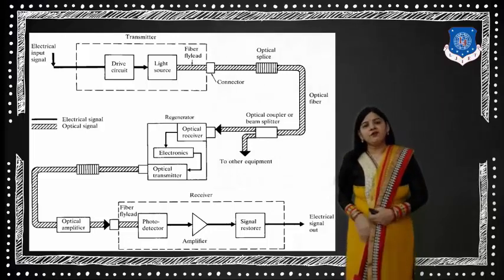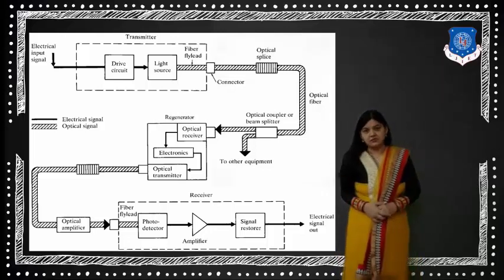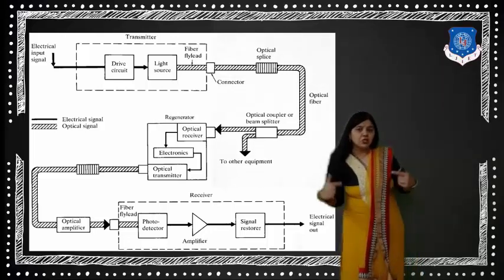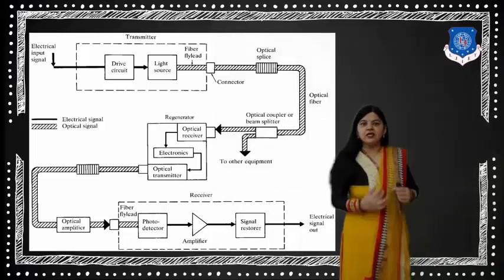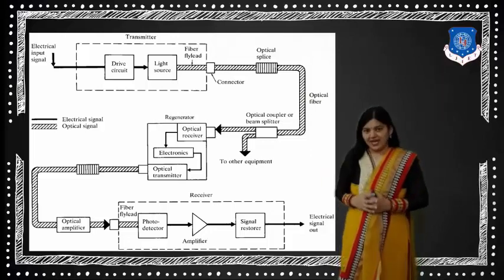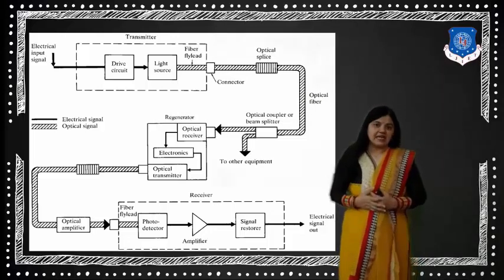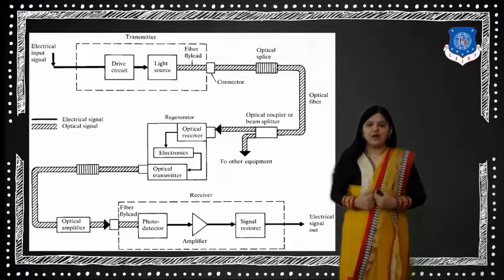Whenever we need to transmit the optical signal over a large distance, sometimes it is mandatory to join two fibers. How can we join them? We can join two fibers using the optical splice. The splicing technique can be used for combining or joining two fibers.